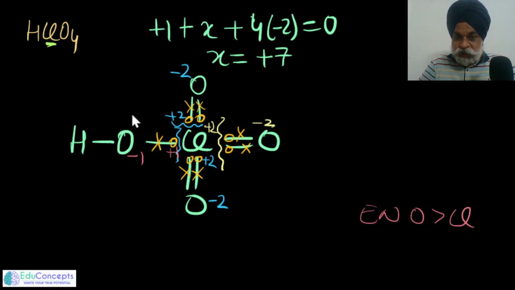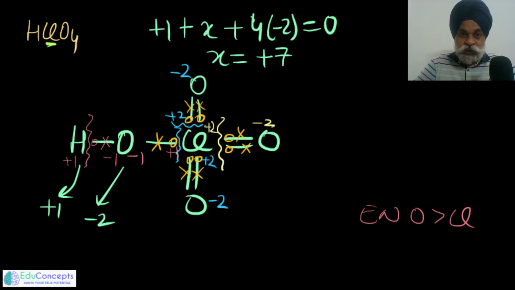And the only oxygen which we have left, for which I have to break the bond from here, because oxygen is more electronegative, -1 from here, +1 from here. So what oxidation state did we get? +1 for this, -2 for this, and although it has become a little chaotic, +2, +2, +2 from these 3 bonds, +1 from this bond, so it comes out to be +7.